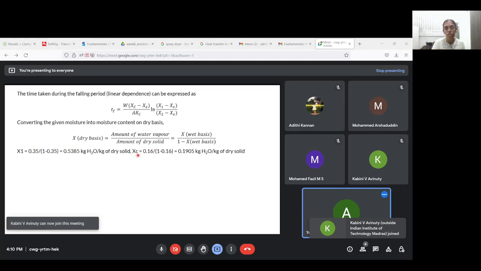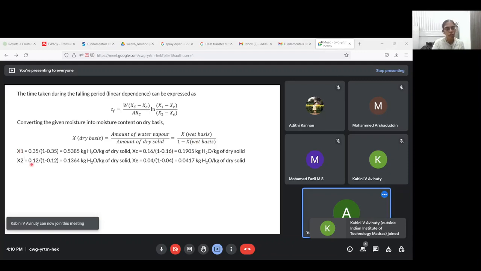For Xc, it is given that till 16% your drying rate is constant, below which the rate starts falling down. So 16% will be your Xc. Xc is equal to 0.16 divided by 1 minus 0.16, which gives you 0.1905 kg H2O per kg of dry solid.